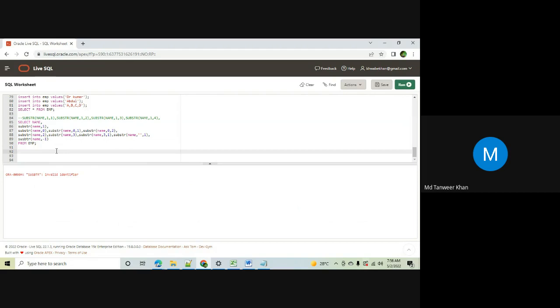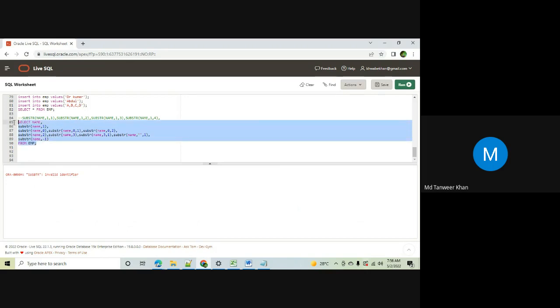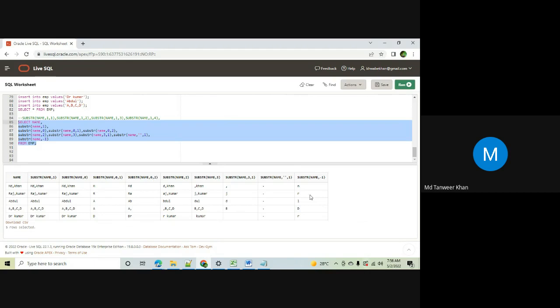Now think over this and tell me why n is coming here, why r is coming here, why l is coming here, why t is coming here, why r is coming here.